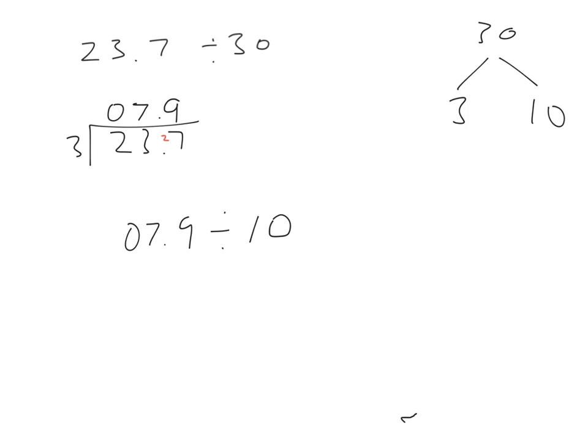We have the first number being 1 and the rest of the place values being 0. That means that all we have to do is start from the decimal point and jump left according to the number of zeros. So we'll do that. We start from the decimal point and we jump left and we stop here. So our final answer to this question will be 0.79.